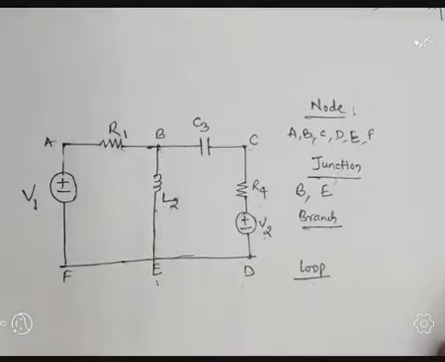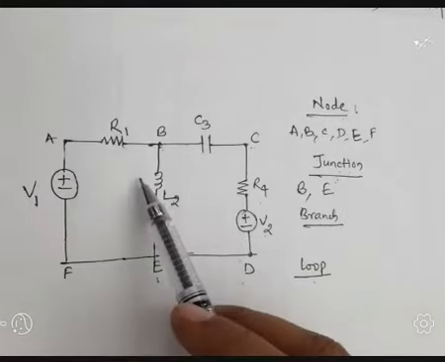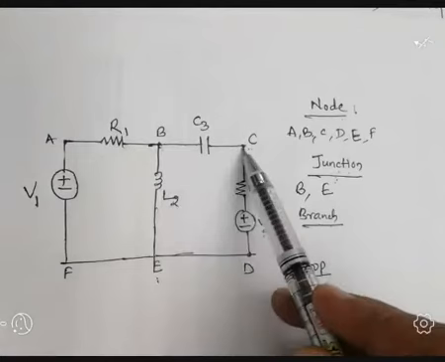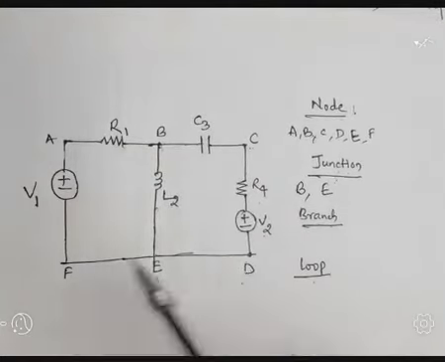What is meant by branch? A part of the network which connects the various points of the network with one another is called a branch. I will repeat. In a network, a part of the network which connects the various points of the network with one another is called a branch. So in this figure, AB acts as a branch, BC acts as a branch, CD acts as a branch, similarly ED, FEF.